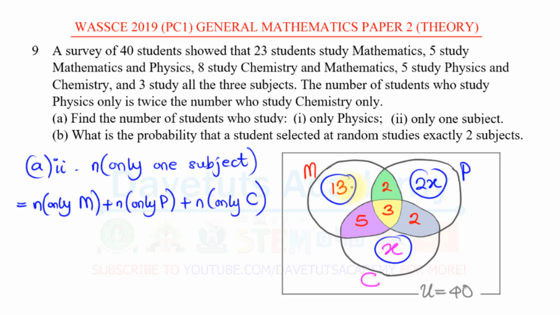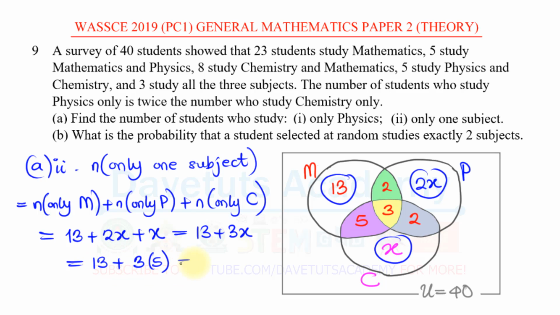And those are the ones that are circled in blue here, and that will give us 13 plus 2x plus x, which is 13 plus 3x. But we have gotten x to be 5, so that will be 13 plus 3 times 5, which is 13 plus 15. So those who study only one subject will be 28 students.